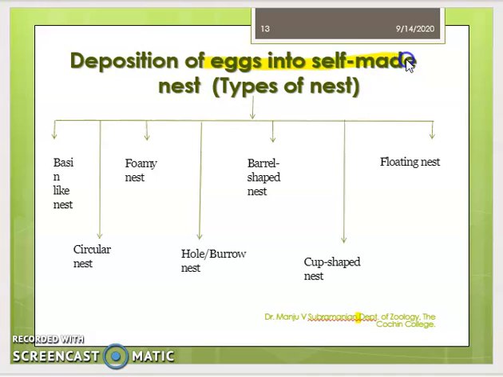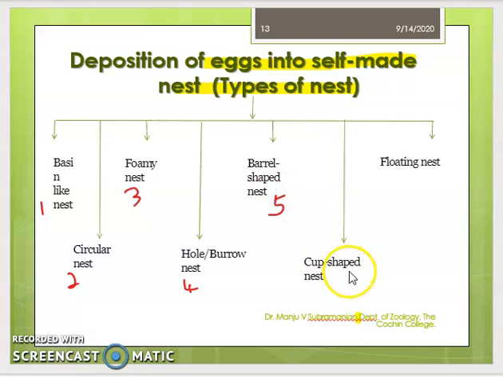Different types of nests are produced by the fishes as a part of the parental care exhibited. The first type is a basin-like nest. The second is the circular nest. The third is the foamy nest. The fourth is a burrow nest or hole nest. The fifth is a barrel-shaped nest.